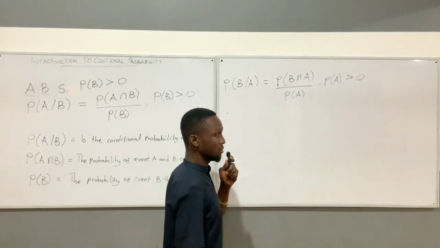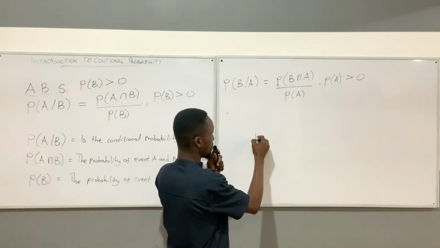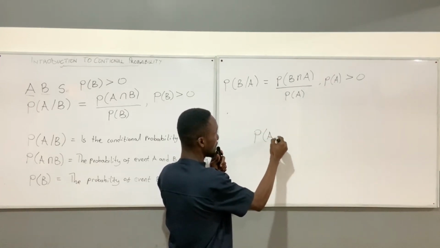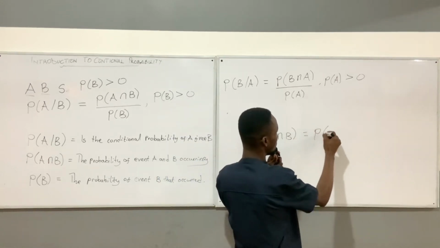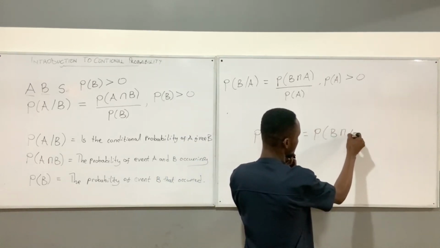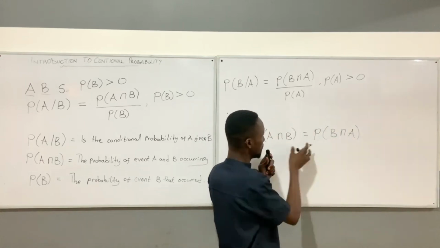Note that the probability of A intersection B is the same as the probability of B intersection A. These two are the same.